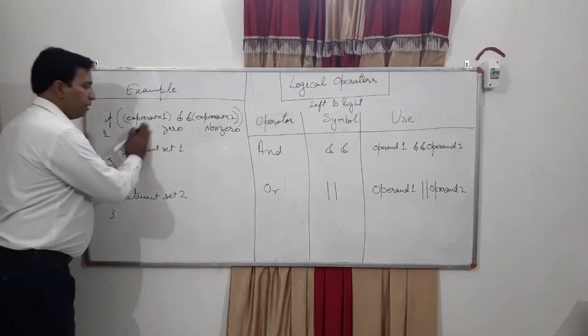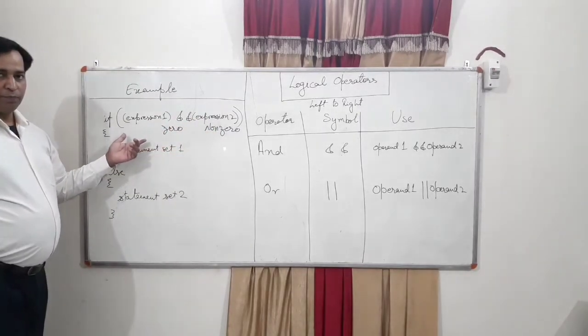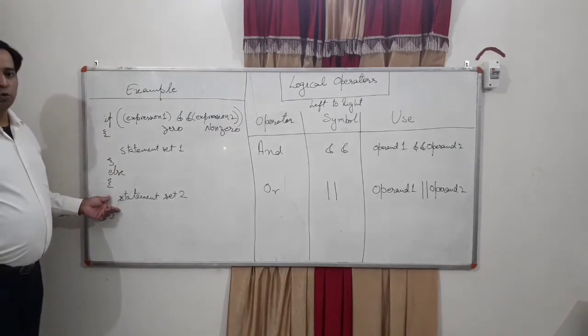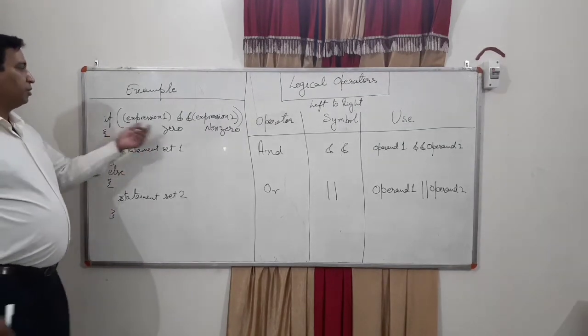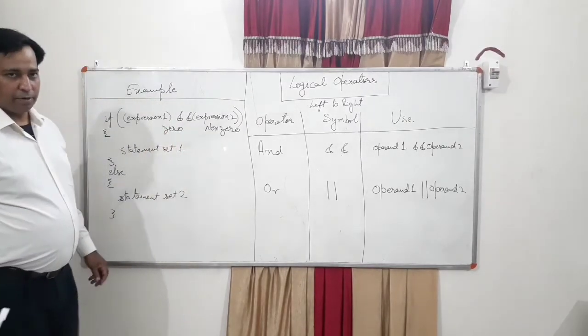And in case either of the expressions is 0, statement set 2 will be executed, as your AND operator will return 0 value in that case.